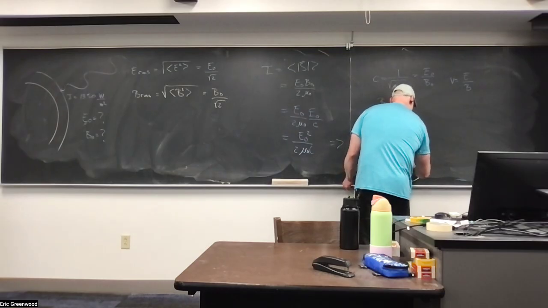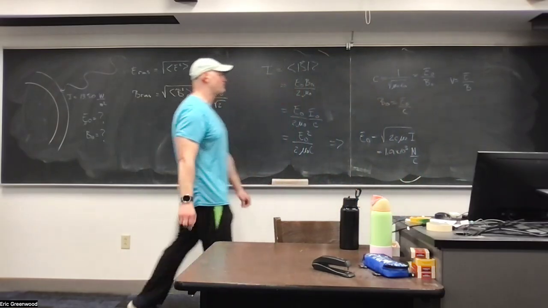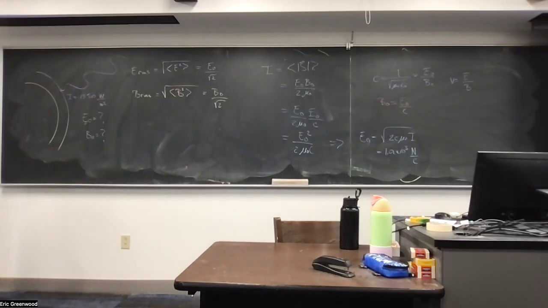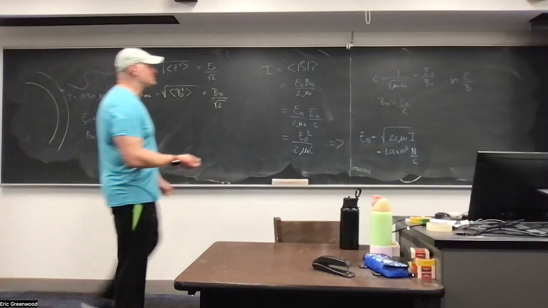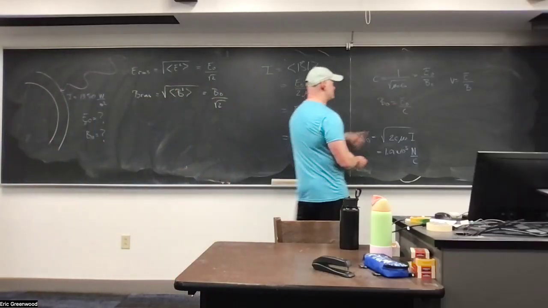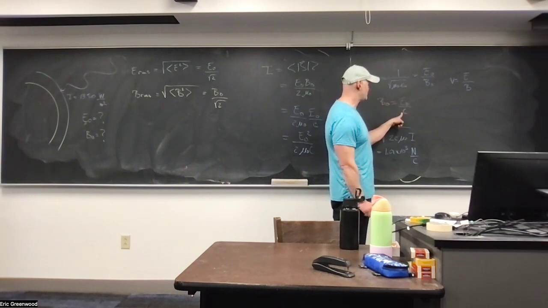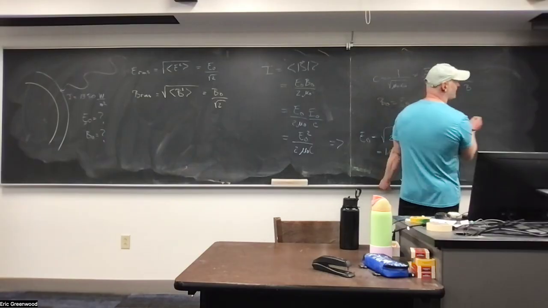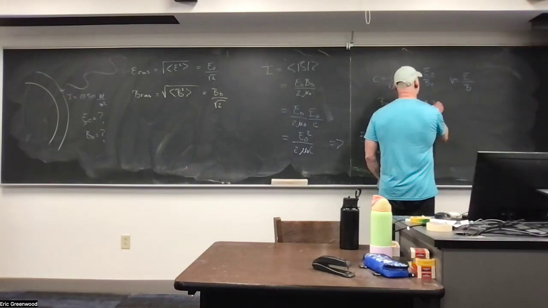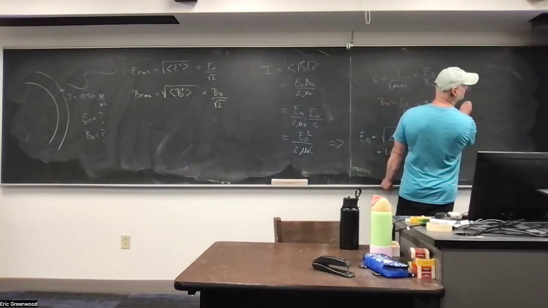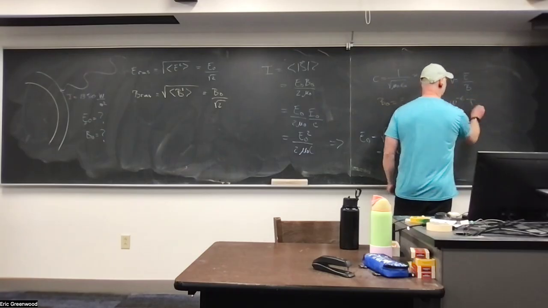And this is an electric field, so that has units of newtons per coulomb. We doing okay? Now, since we know that, we can simply plug that back into this expression. We're going to take this, divide by the speed of light, which is, again, 3 times 10 to the 8th. So plug that in here, we get 3.37 times 10 to the minus 6th.